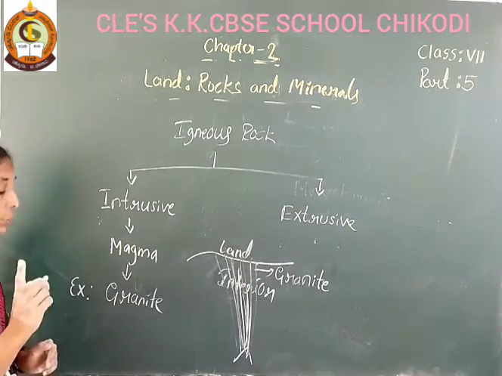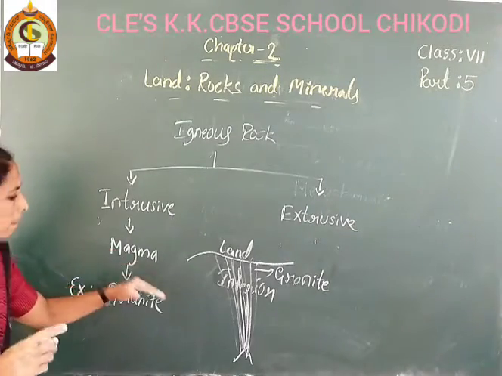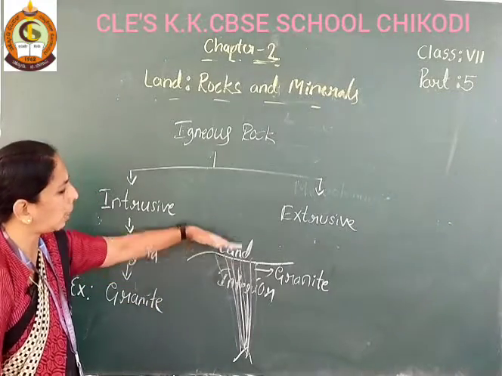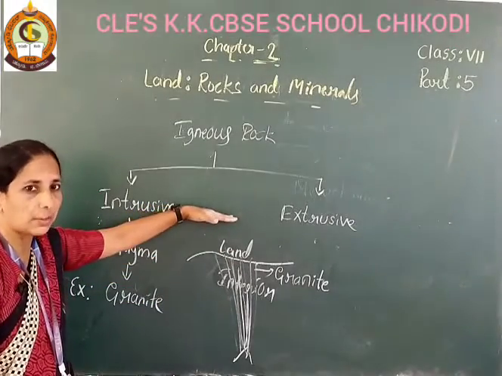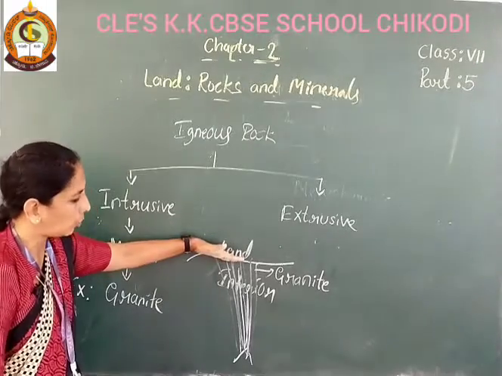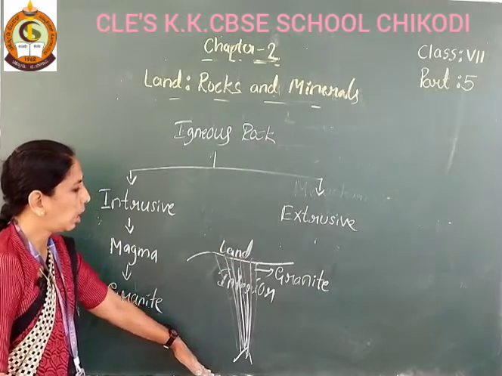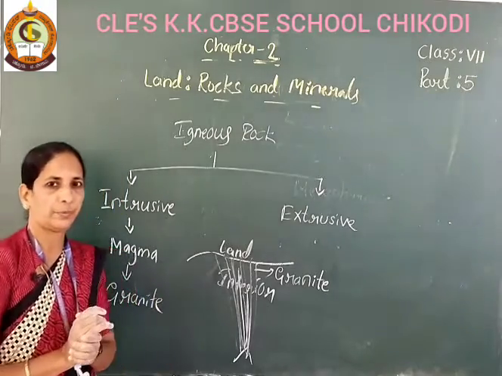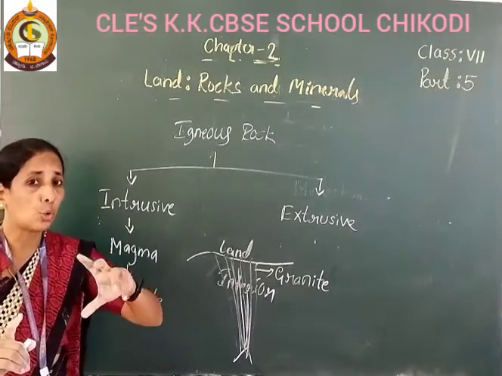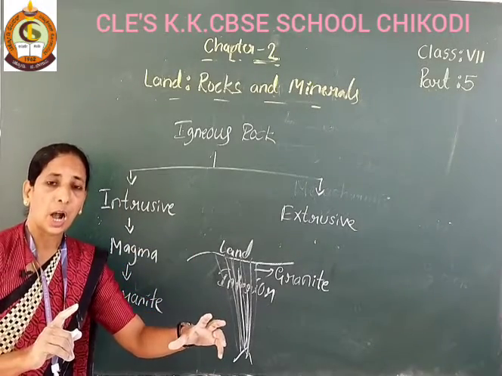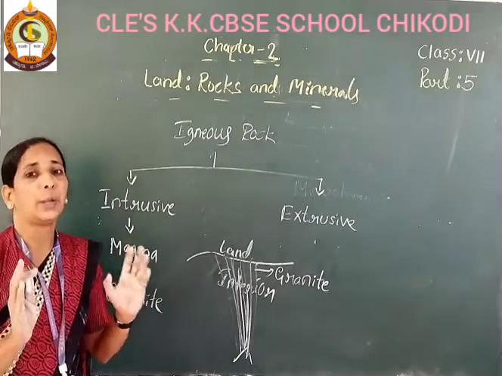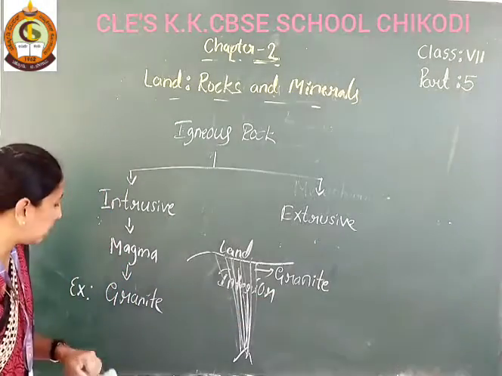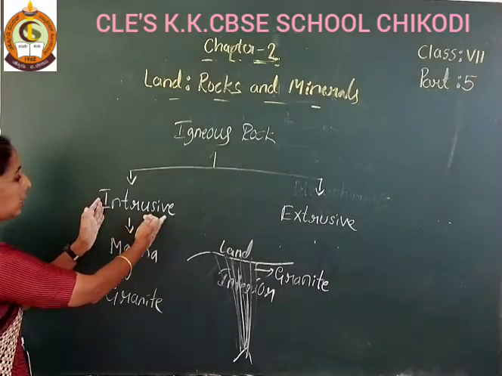Intrusive rock means what? When magma flows in the interior part only, not coming out to the earth's surface, and afterwards slowly cools down. After cooling, granite is formed. Granite is the example of intrusive rock.